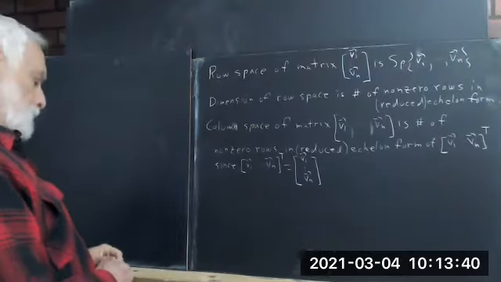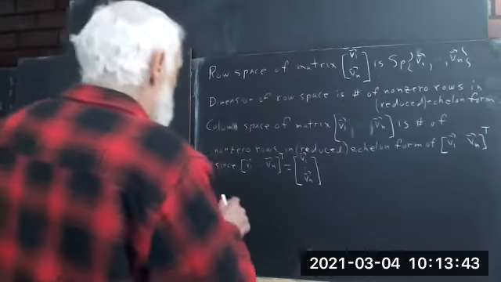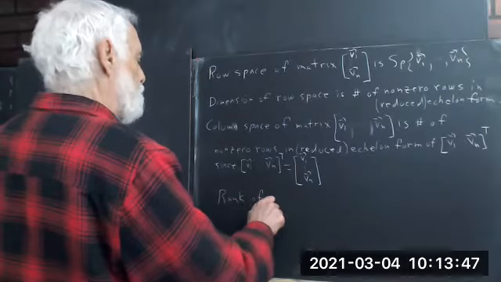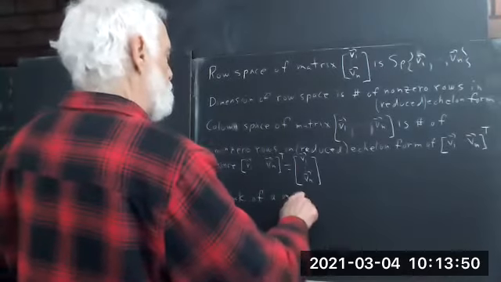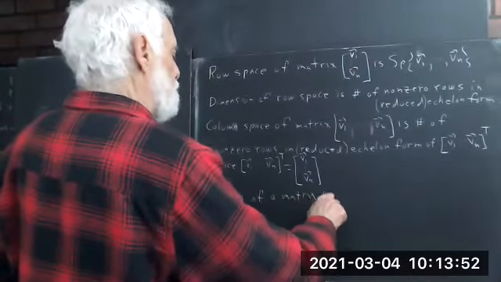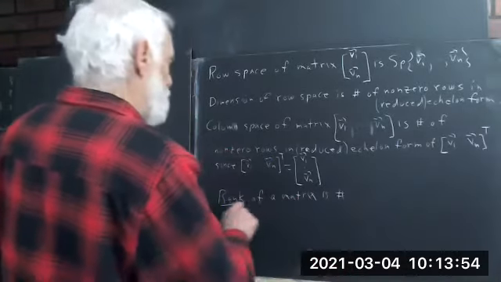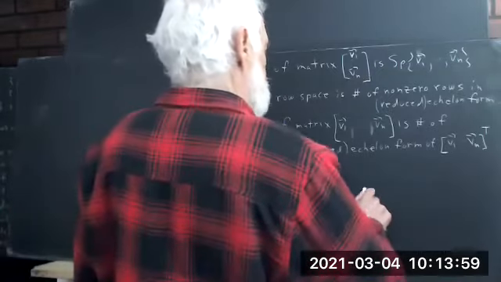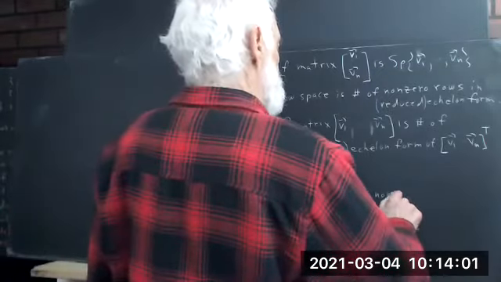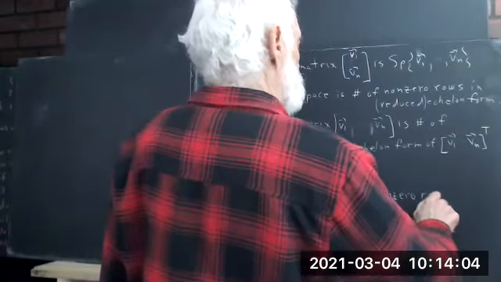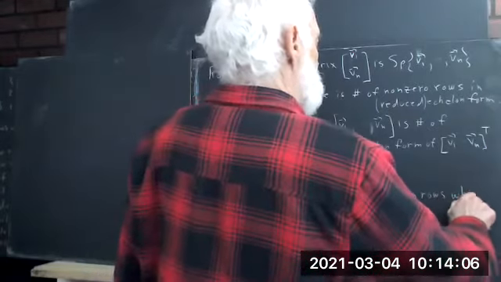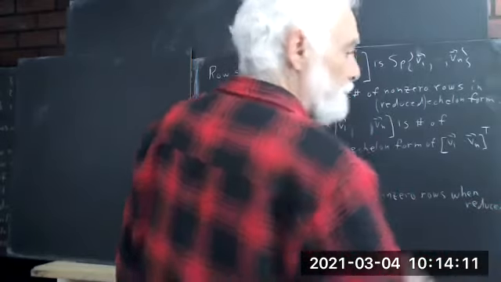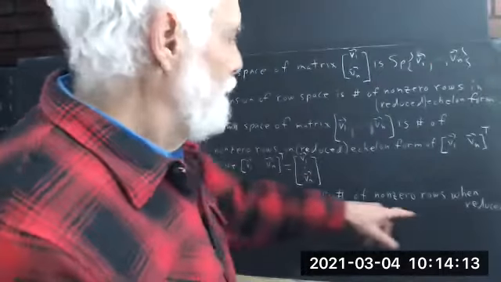Okay, so the rank of a matrix is just the number of rows you get.